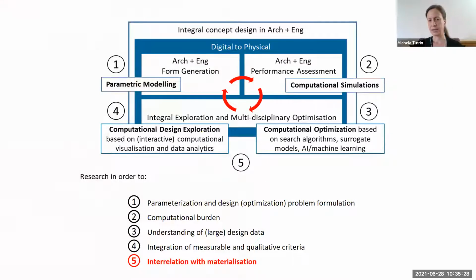I come now shortly to the last part, which is the interrelation with materialization. So far, we've been staying in the digital and virtual part, but we closely take into account in this loop also aspects of materialization. This goes in close connection with production techniques, and we try to integrate the fabrication as well.